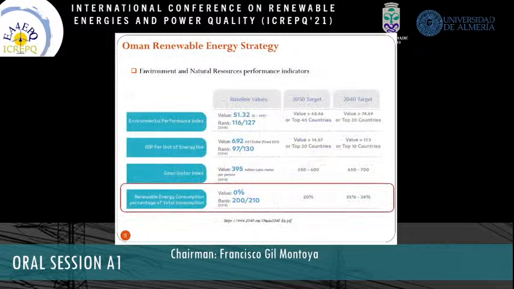The Oman 2040 vision that was announced on 13th May 2019 stated the Oman Renewable Energy Strategy under the Environment and Natural Resources Performance Indicator, that the total renewable energy consumption percentage of the total consumption be 20% in 2030 and in the range of 35 to 39% in 2040.